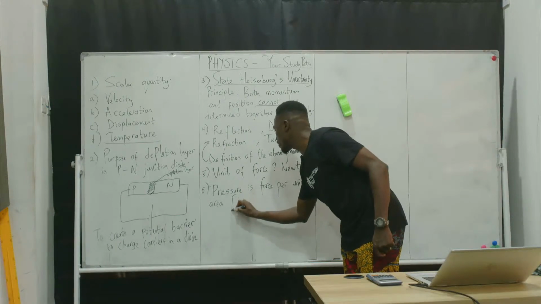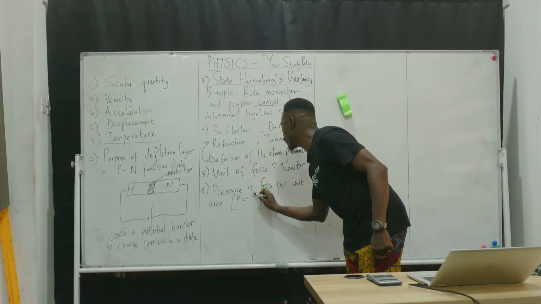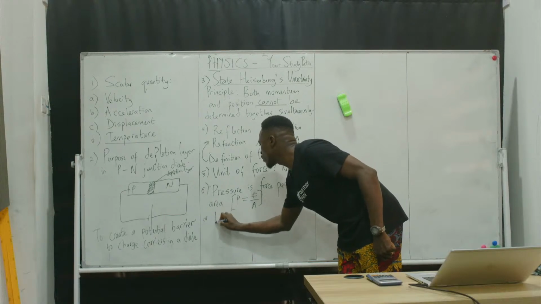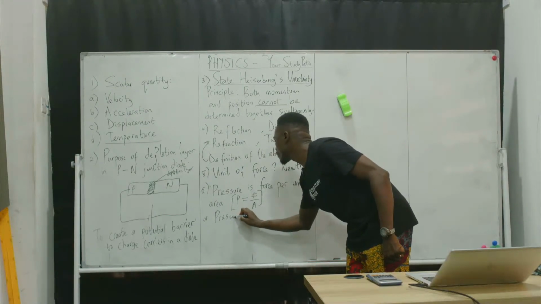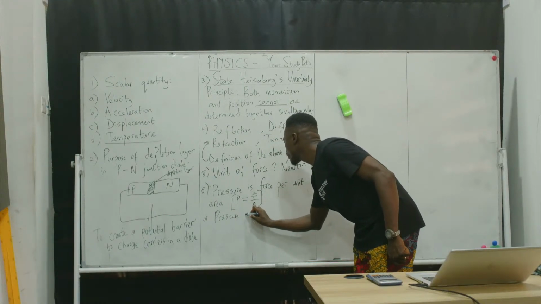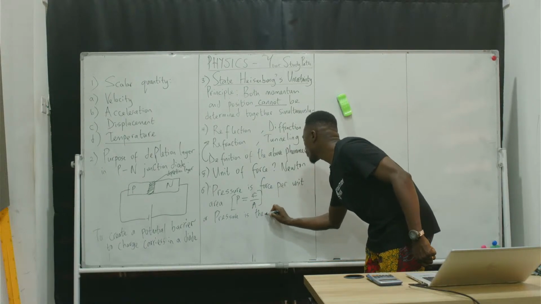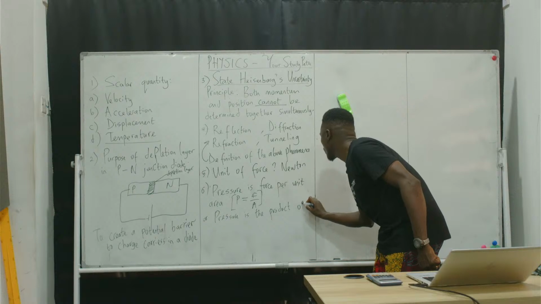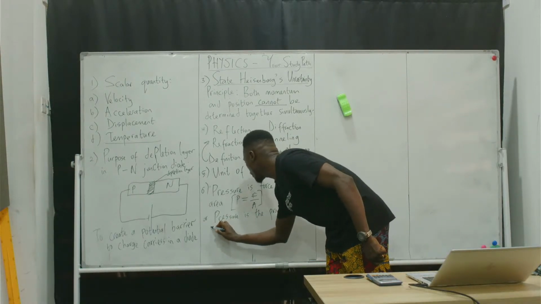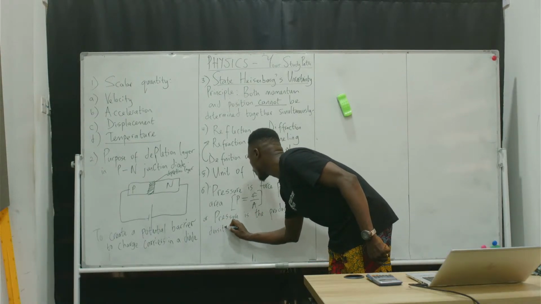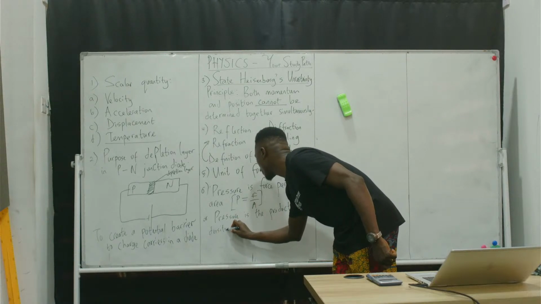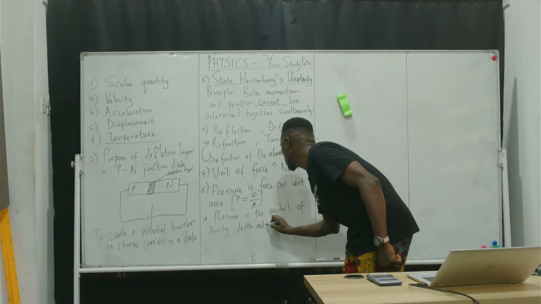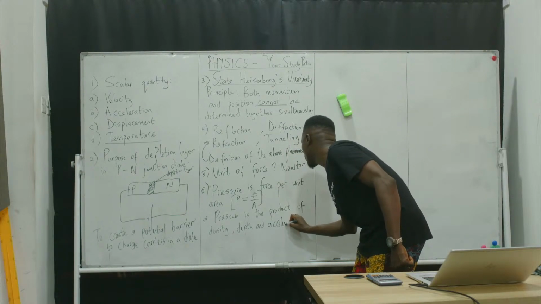That's where we have P equals F over A, or we're making reference to pressure as the product of density, depth, and acceleration due to gravity.